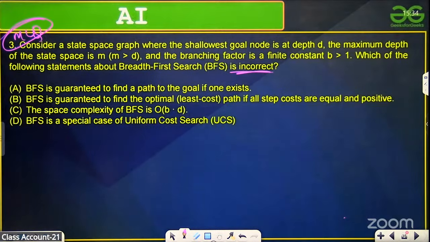Which of the following statements about BFS is incorrect? This is an MCQ. Which is incorrect, everyone?